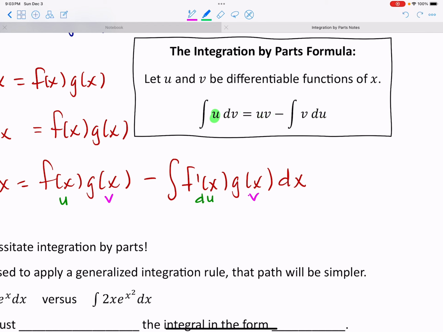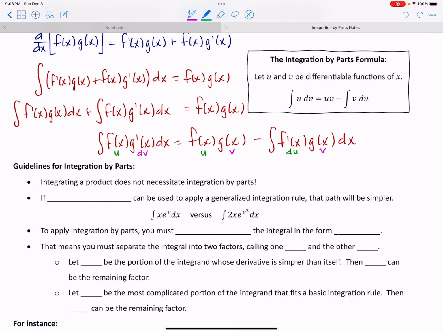Okay, so if we're going to use our integration by parts formula, first of all, it's not the simplest thing to do. It does require some work sometimes, and some of the work can honestly get a little ugly. So we want to make sure that this is completely necessary before we even attempt to do it. Just because we see a product in an integral, it doesn't necessarily mean that integration by parts is necessary.